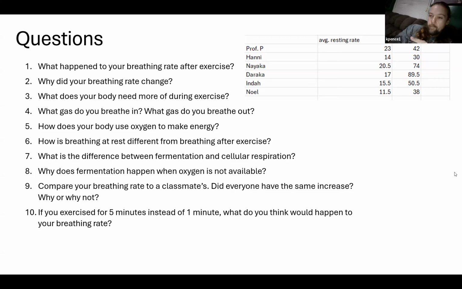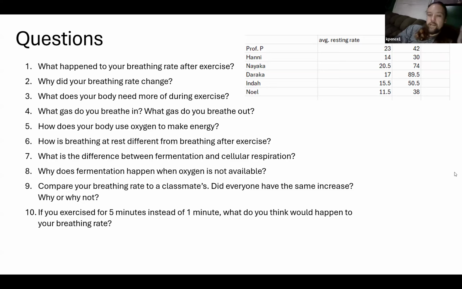Now, why exactly did the breathing increase for the workout though? So what are we having to breathe in? We're breathing in air, right? What molecule in air are we needing? Oxygen. Yes, thank you. We need oxygen.